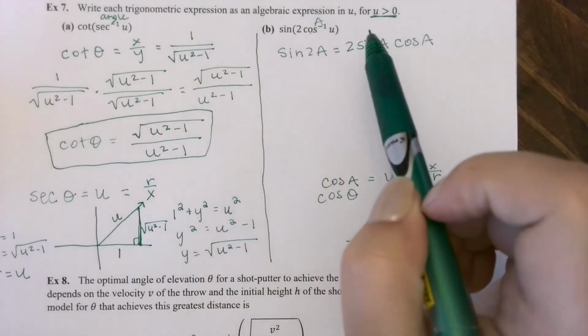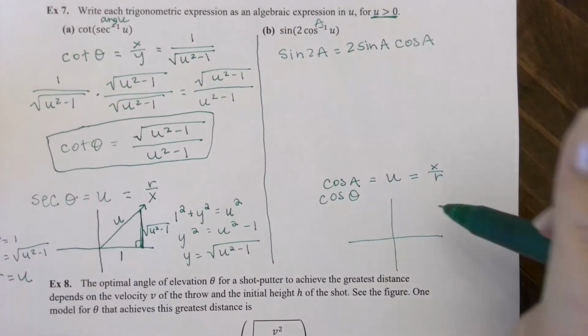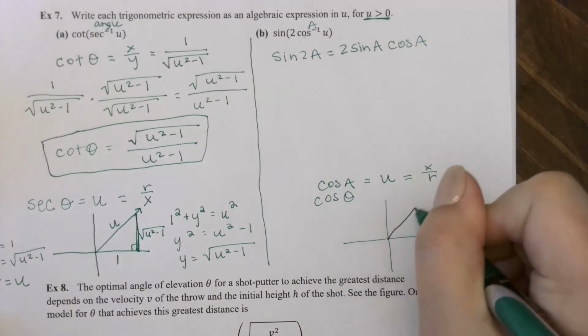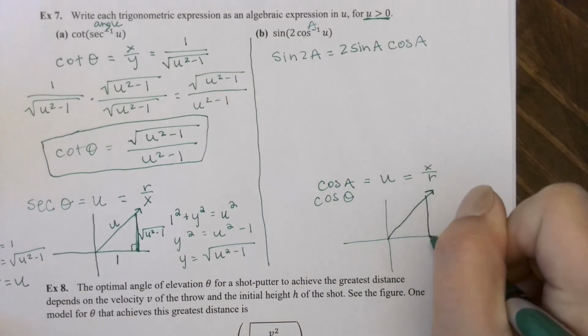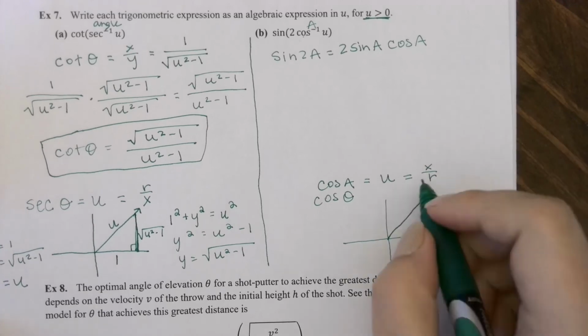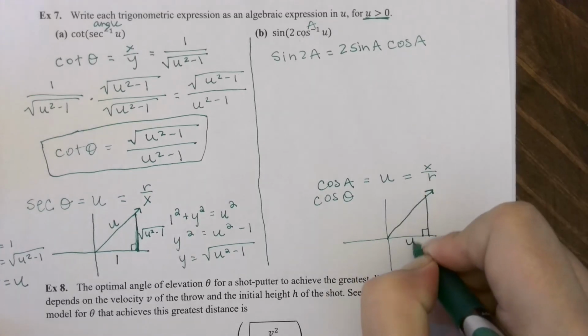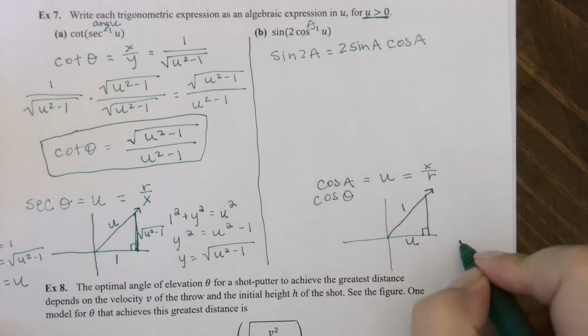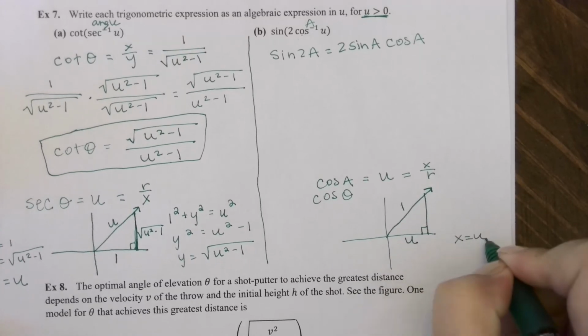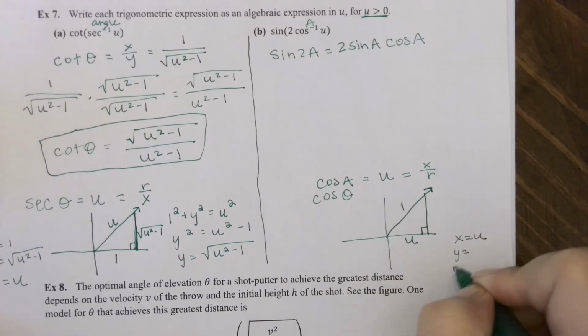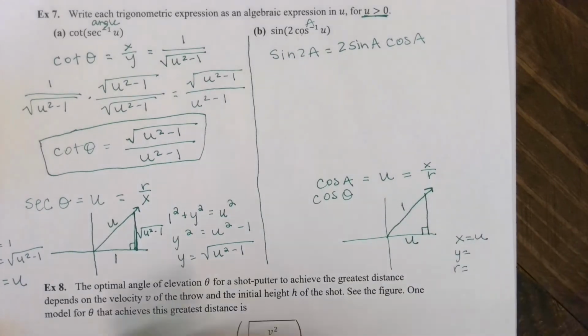So cosine inverse for a positive argument is going to be in quadrant 1. That means my x is u and my r is 1. We don't know what y is yet, that's what we need to solve for.